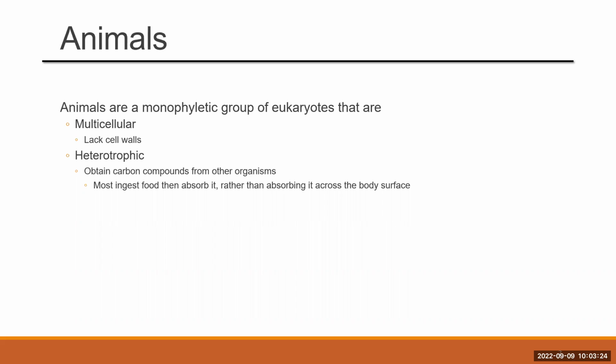And this diversity of ways to obtain food is kind of what might have led to the diversity of animals that we see. Because if you think about animals versus plants, there's only so many ways that a plant can have photosynthetic tissue, present it to the sun, get enough light to make sugar from it. But there's a lot of ways that you can obtain food.